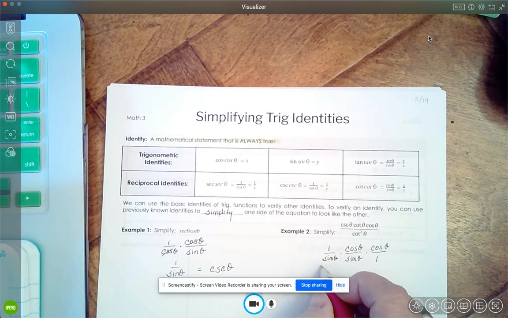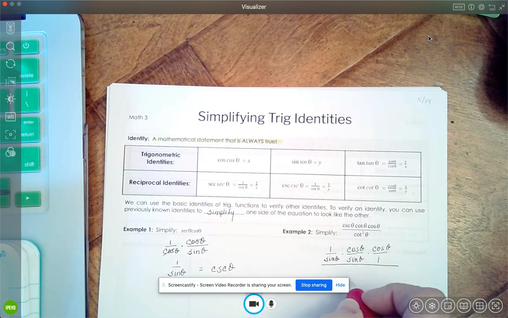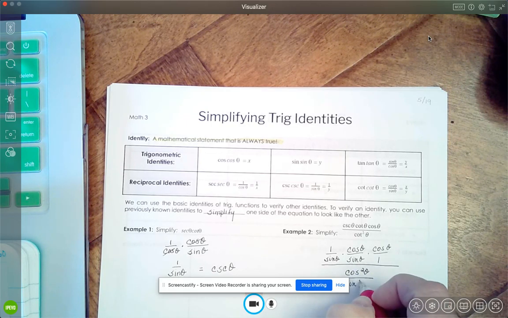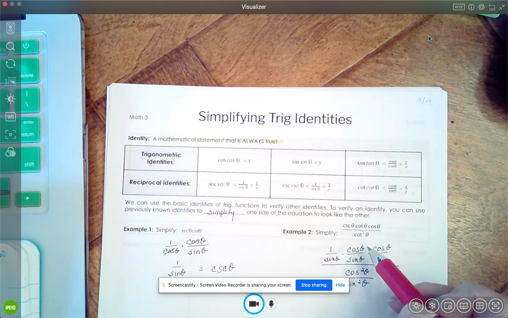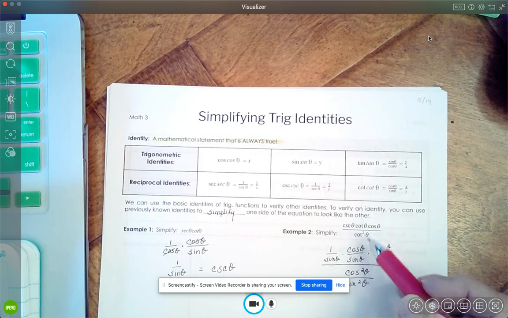Right? And that is over cotangent squared of the angle. Cotangent of the angle is just cosine over sine, so cotangent squared of the angle is going to be the cosine squared of the angle over the sine squared of the angle.